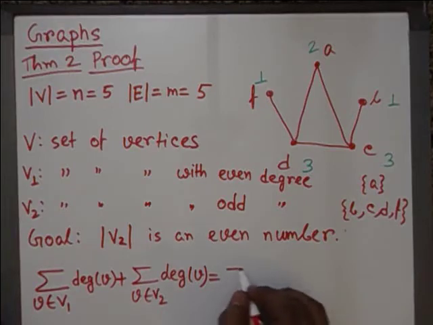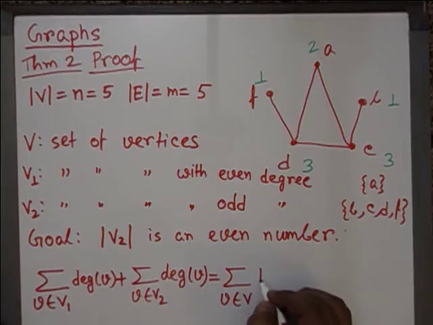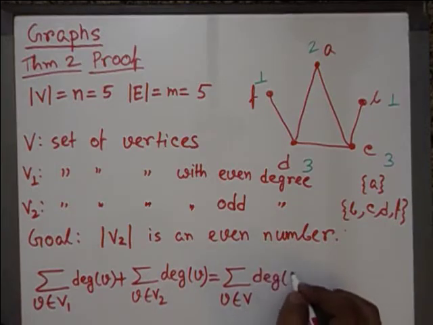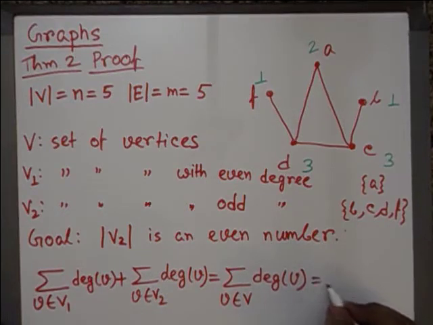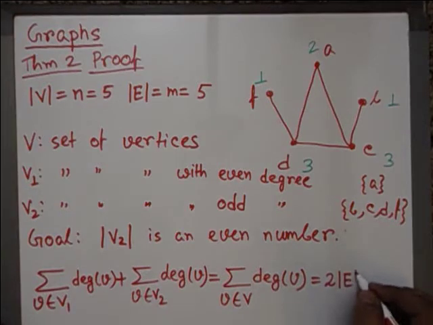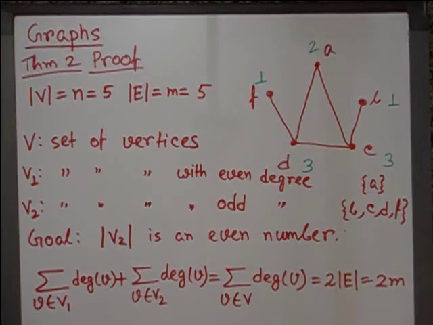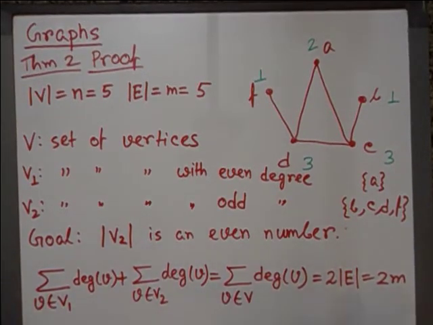That means we are adding up all the vertices in V, all their degrees, and using the Handshake theorem that we just learned, we know that this adds up to 2 times the size of E, which is 2 times M. So this is an interesting equation. 2 times M, M is an integer, so we know this is an even number.